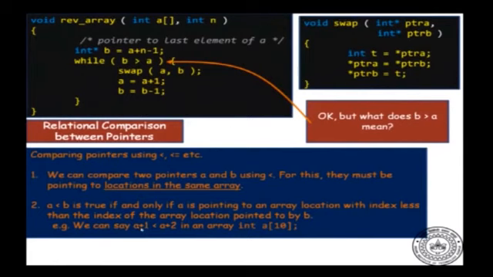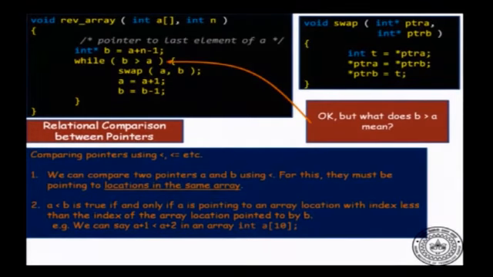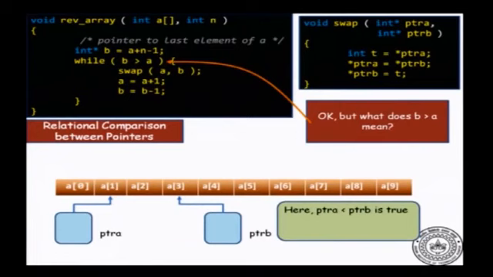because A plus 1 is pointing to the location 1 in the array, and A plus 2 is pointing to location 2 in the array. Okay. So if you have an array, for example, let's say A[0] through A[9], and ptrA is pointing to location 1 and ptrB is pointing to location 3, then ptrA is less than ptrB.